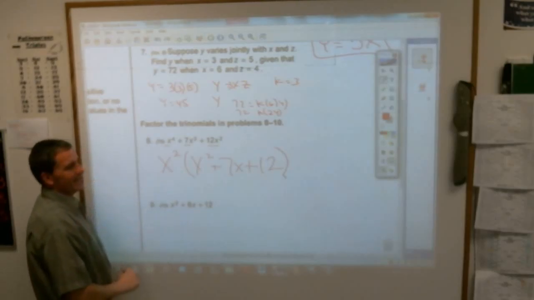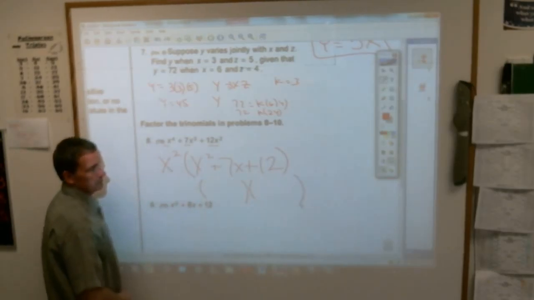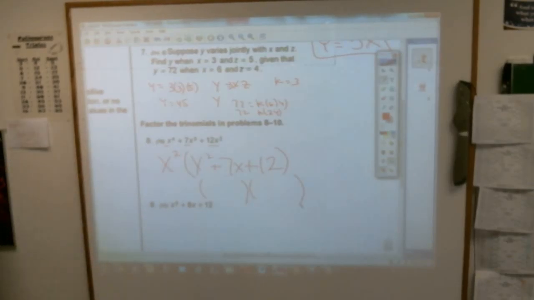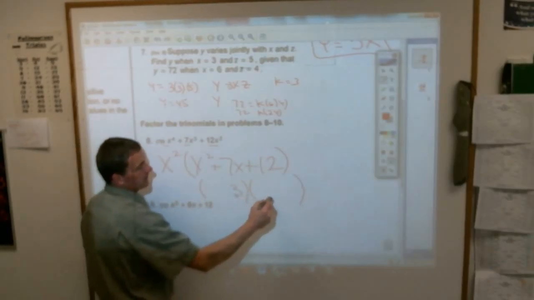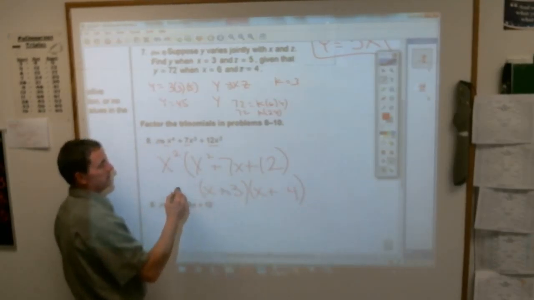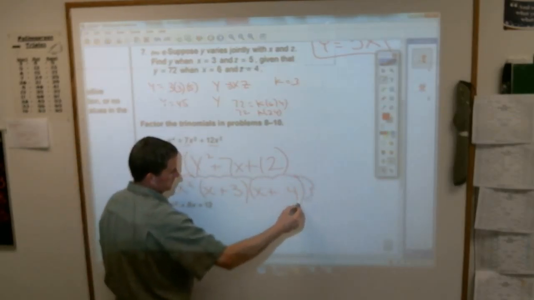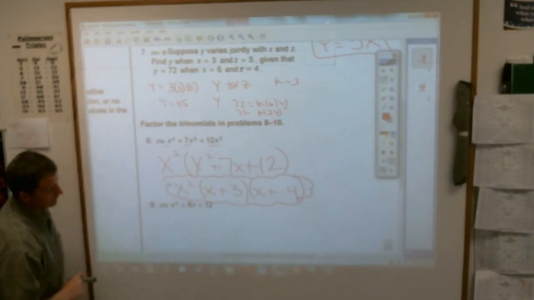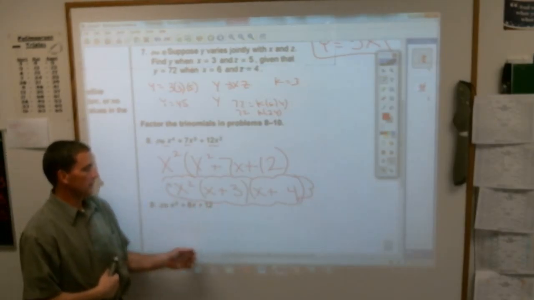And then once you get that, you need to try to factor this into 2 binomials. What times what gives you 12 when multiplied, when added gives you 7. I believe a 3 and a 4. X plus 4, x plus 3, x squared.